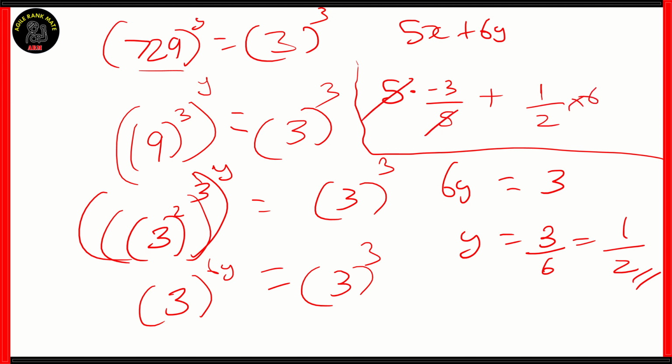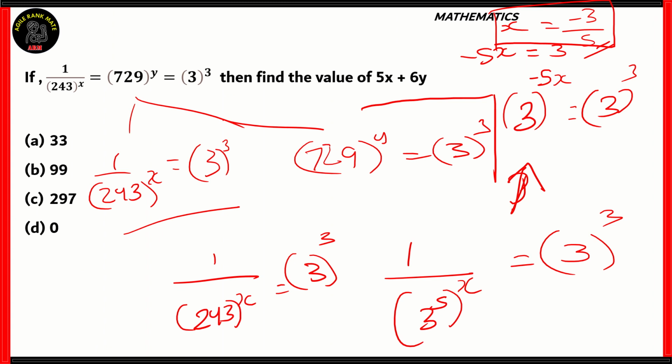Now if we simplify this, we get minus 3 plus 3, which is basically 0. So we can see that option D, 0, is the correct answer for this question, because if we simplify x and y as the powers and equate the bases, then we can find what x is and what y is, and that's how we got to the answer.